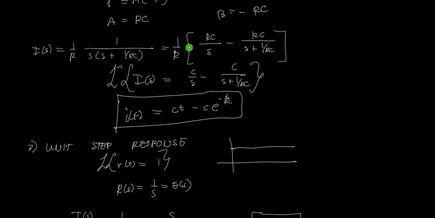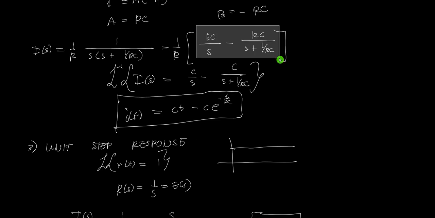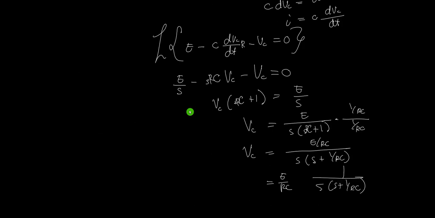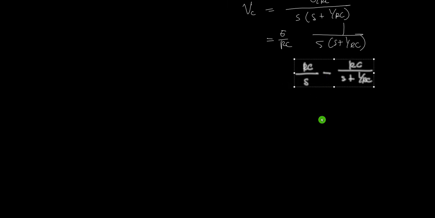So we already derived that 1 over S times S plus 1 over RC, and the answer is this one. I can just copy this, it's the same thing, and paste it here. It's not yet the inverse Laplace, that's just the partial fraction.